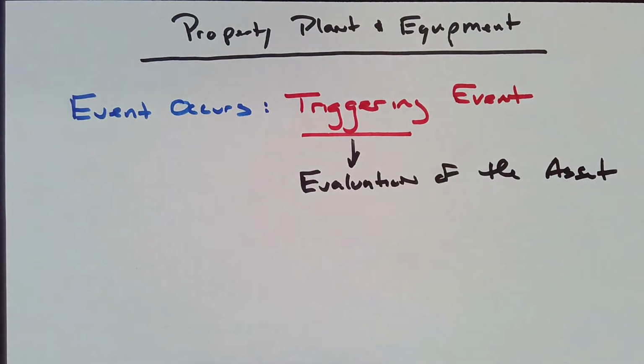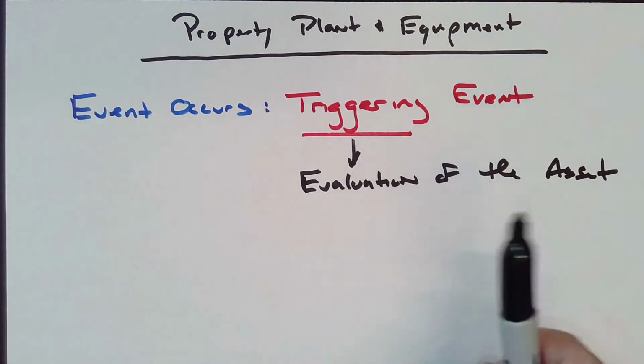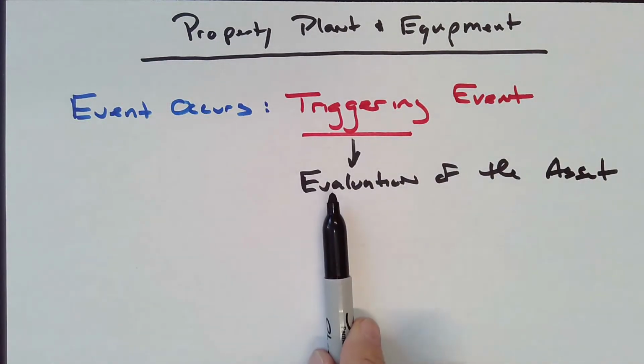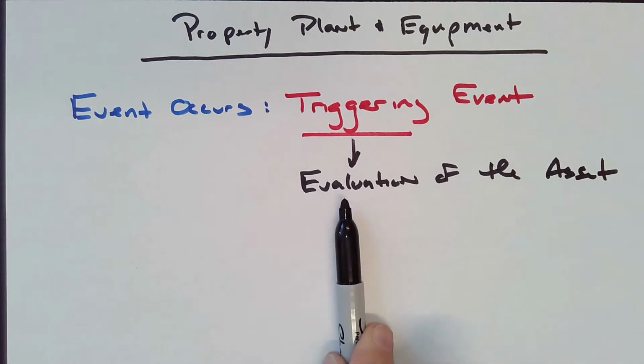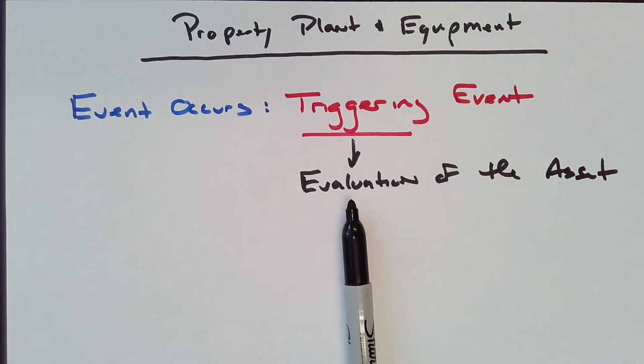Right? I have to go through and evaluate whether this asset, whatever the book value is, has gone down in value faster because of this triggering event than I was anticipating. And that's kind of a big deal.